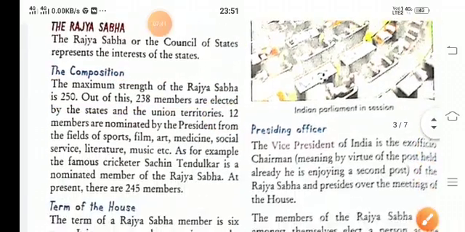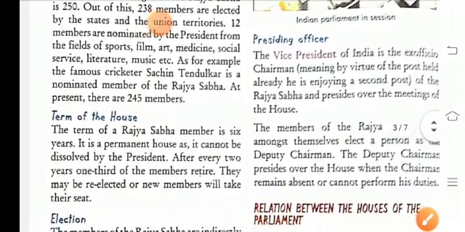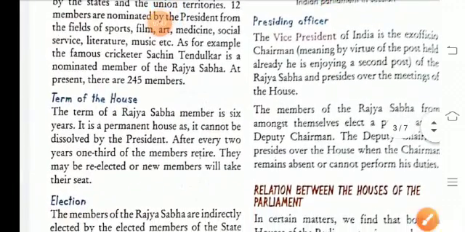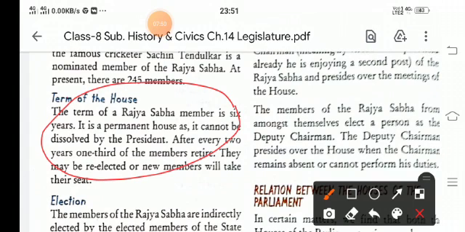Now, what is the term of Rajya Sabha? Rajya Sabha is a permanent house. It never dissolves, and the term of a Rajya Sabha member is 6 years. It is a permanent house as it cannot be dissolved by the president. After every 2 years, 1/3 of the members retire.